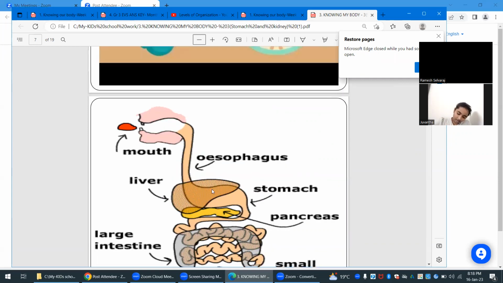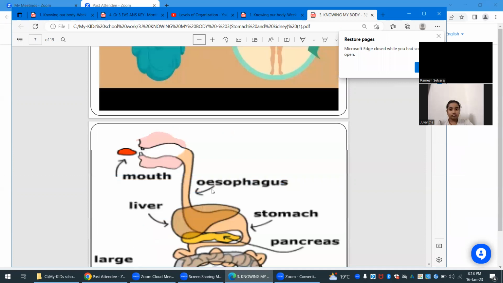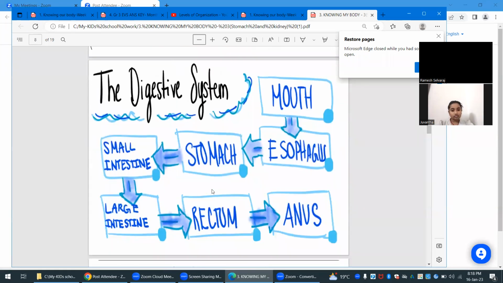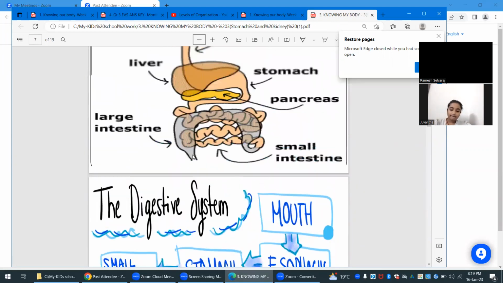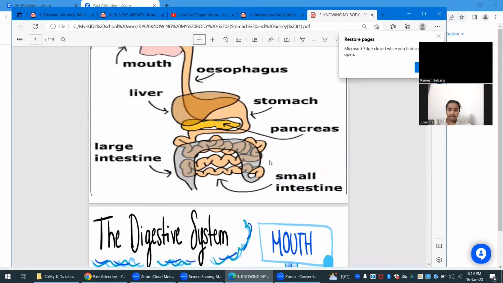Okay, let's see the next thing. So this is the mouth, small intestine, large intestine, rectum, anus. Let's see some questions here. What does rectum mean? Rectum is nothing but, you see here, the small portion. I'll show you something.